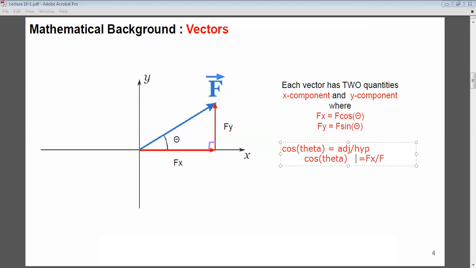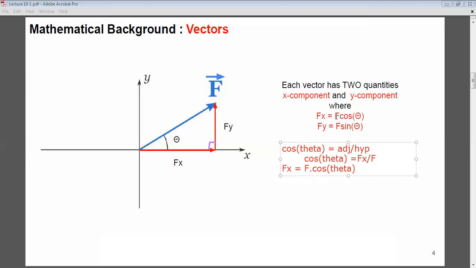This implies, how much is Fx? I do cross multiplication. It will be F times cosine angle theta.